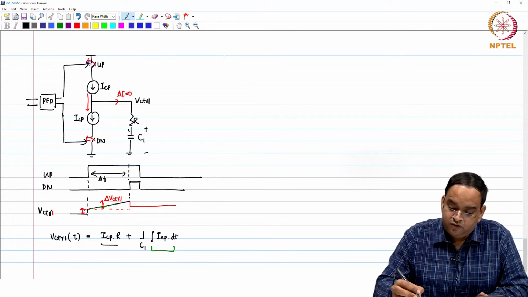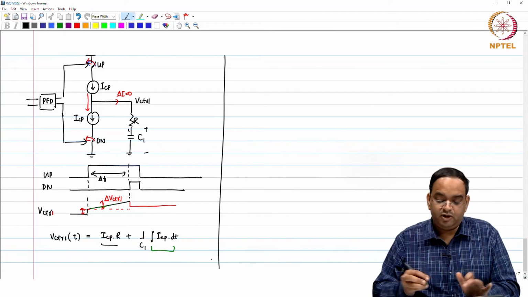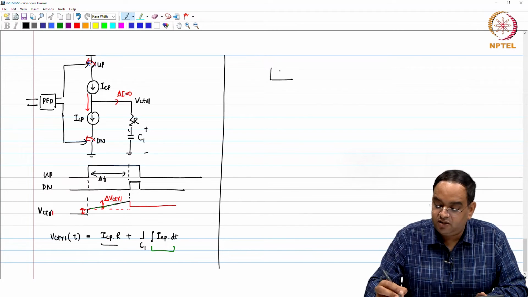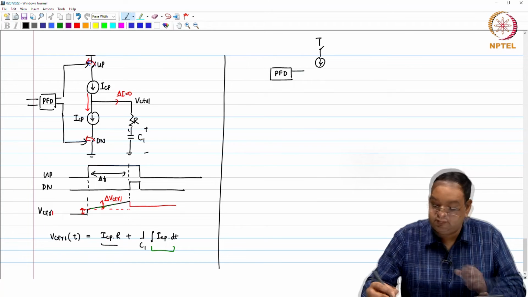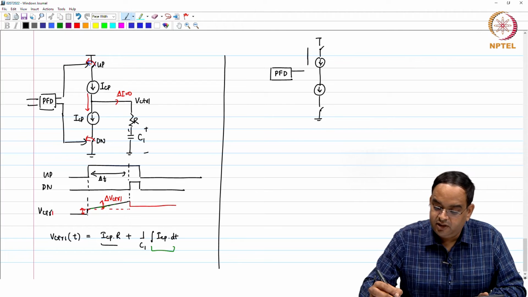Now, for the same thing we need to find from this PFT to the loop filter. So, let me first draw the block diagram of how our connections will look. So, I have a current source, then I have another current source with a switch, and then it is like this.